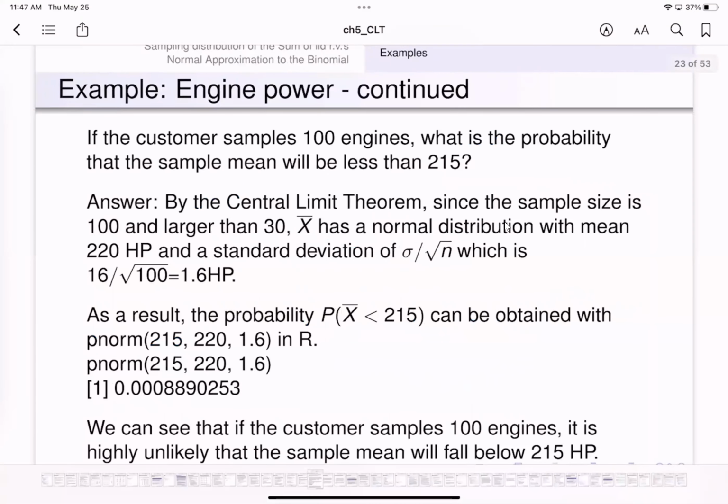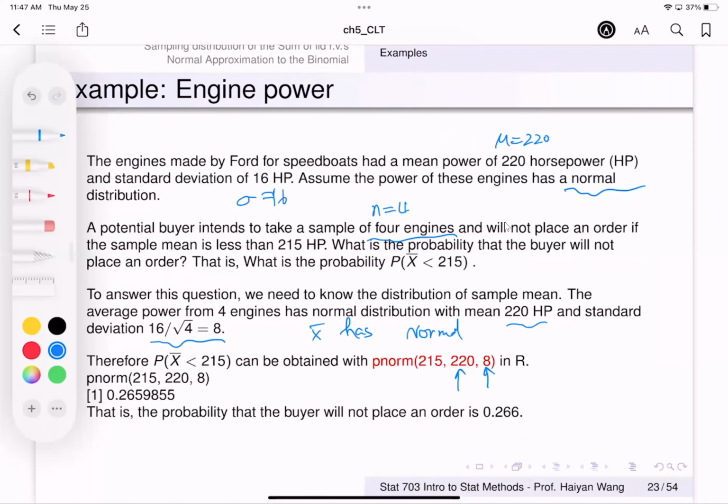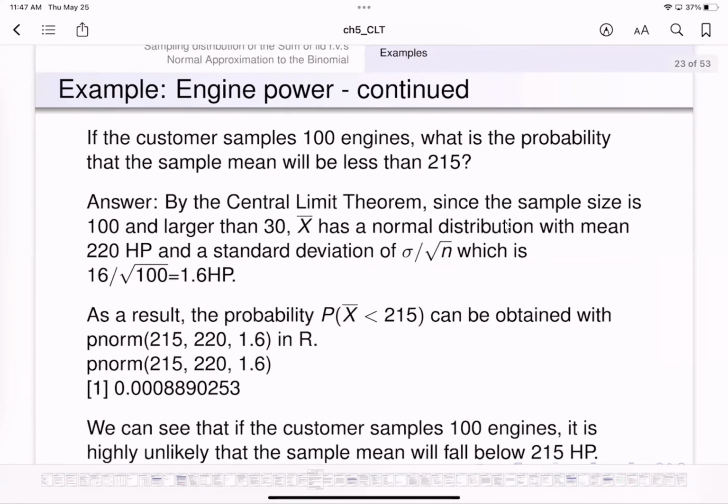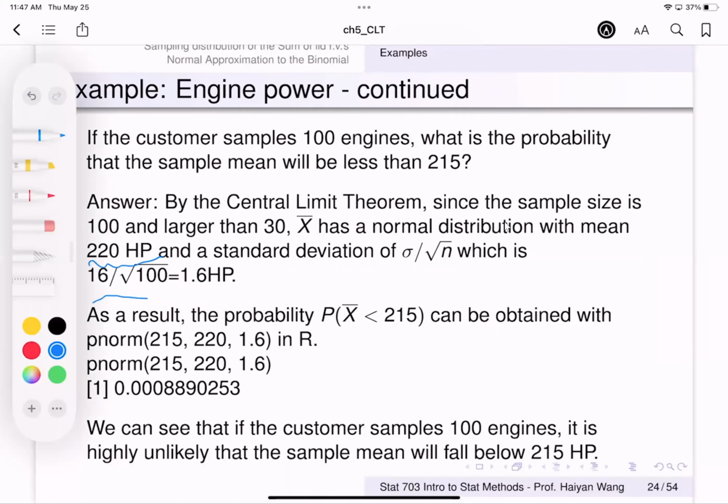Now, what if the customer is able to sample 100 engines and check their power? What's the chance of the average power to be less than 215 out of 100? For this one, with 100, we would know that X bar would have an approximately normal distribution regardless of the population distribution. The mean is still 220, and the standard deviation this time changes to a smaller number because it's sigma over square root of 100, so the standard deviation now becomes 1.6.